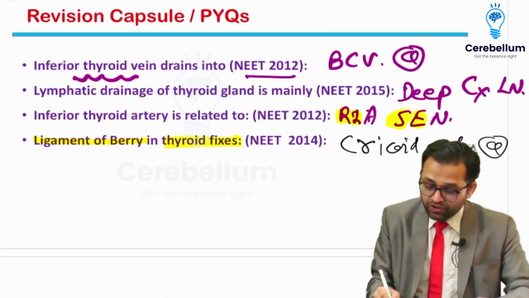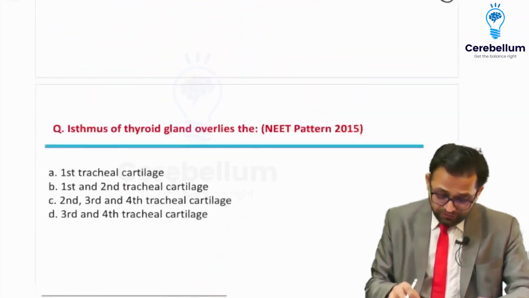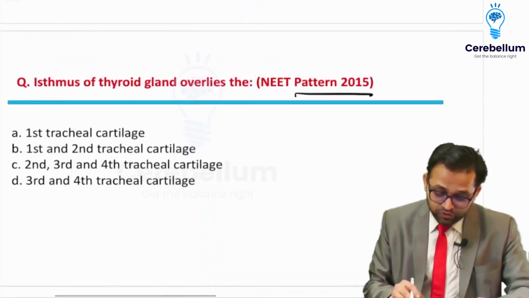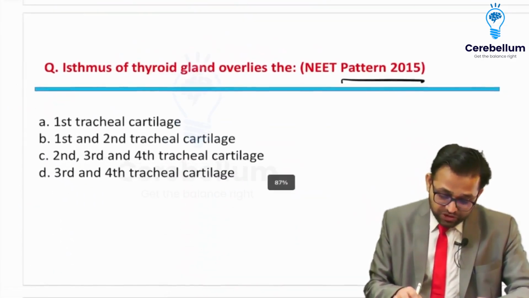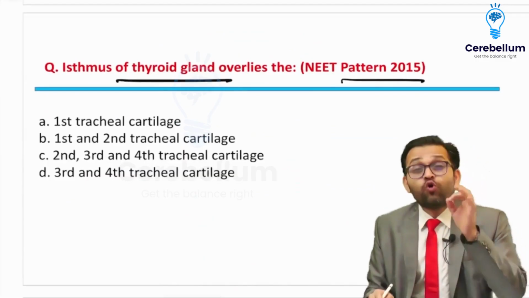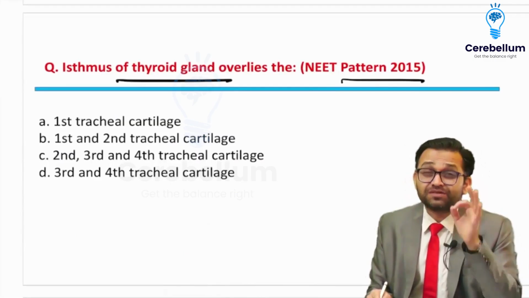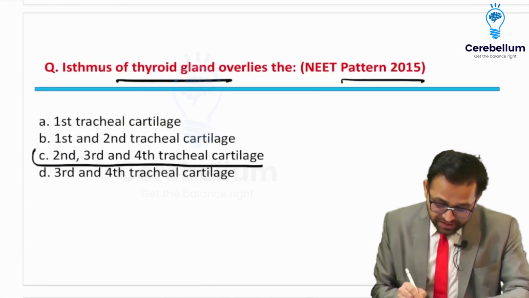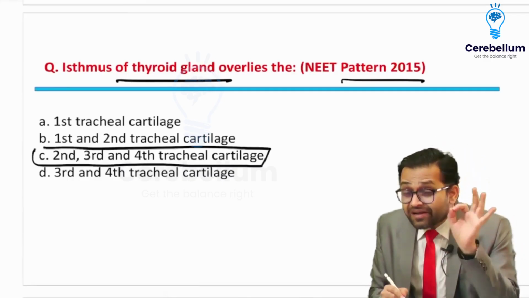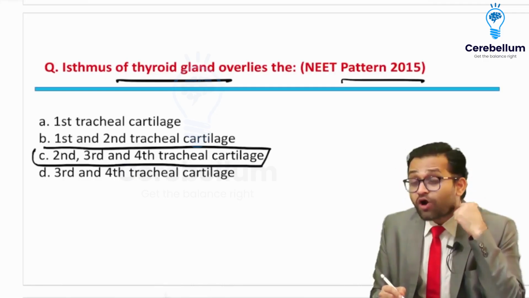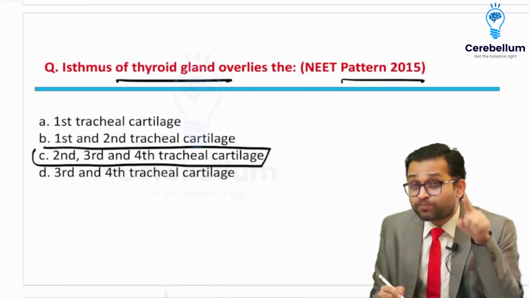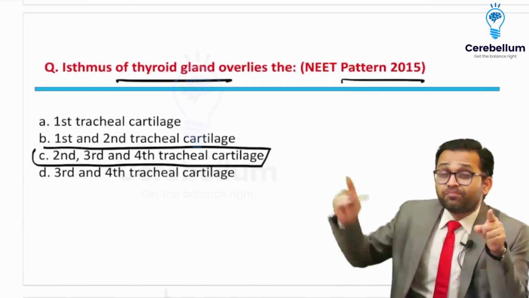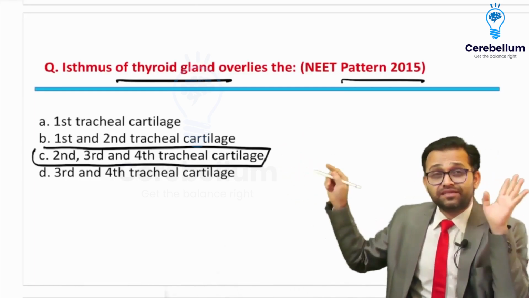This is an important question. Now look at the NEET pattern 2015 question: the isthmus of the thyroid gland overlies. I told you in the concept, this is related to the second to fourth tracheal ring. The thyroid gland extends from the oblique ridge of the thyroid cartilage up to the fifth tracheal ring, but the isthmus is at the second to fourth tracheal ring.